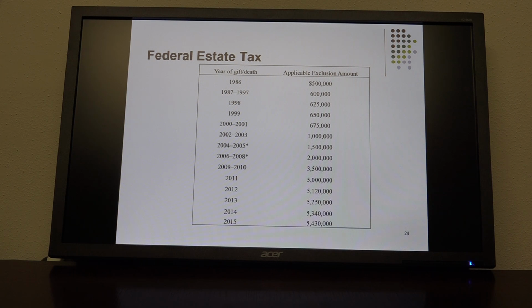So before you think that this is great because it sticks it to the rich, that's not always true. There's a lot of family farmers that get caught up in this. There's a lot of small to medium-sized business owners that get caught up in this. And they end up having to sell part or all of the business to pay the estate taxes.